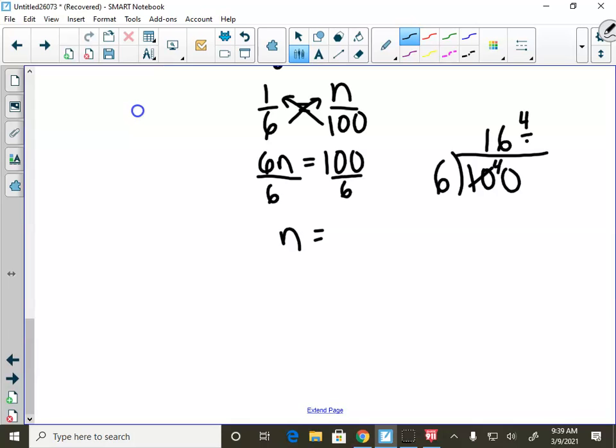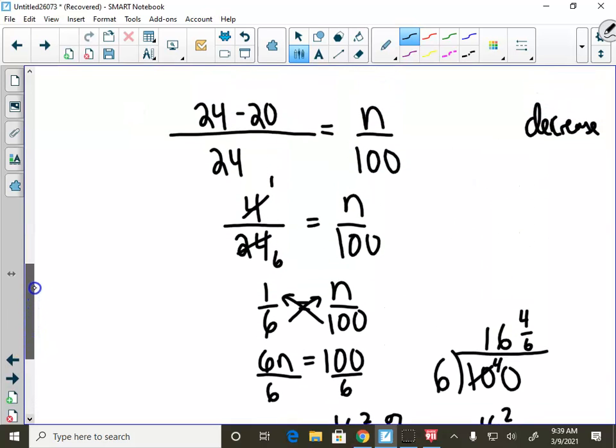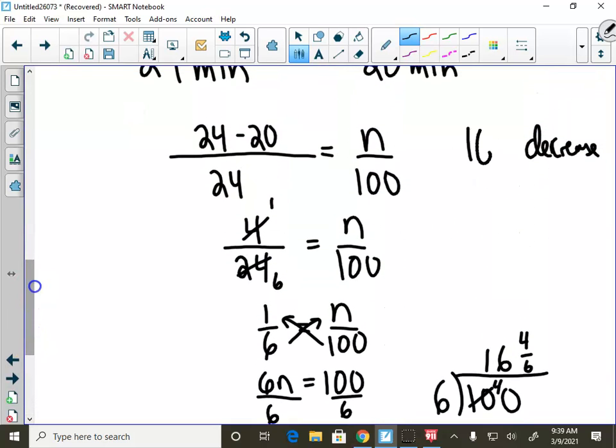So it's 16 and 4/6, which is 16 and 2/3. So in this case, it would be 16 and 2/3%. And if we go back, we should see that that was a decrease. So it's a 16 and 2/3% decrease. And that is percent of change.